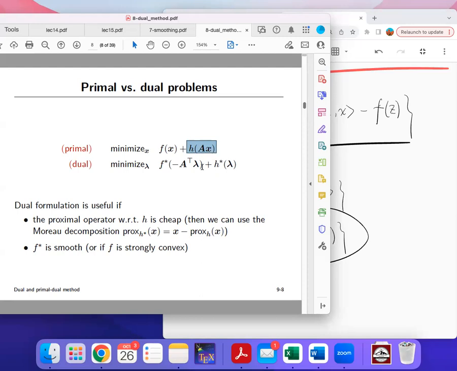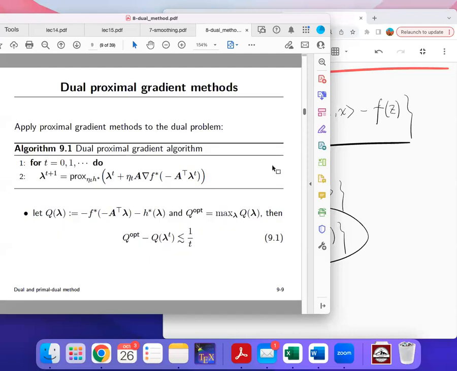So you can consider the dual form, and then you just need to consider the proximal mapping of H star, which is given by the proximal mapping of H. So you can do proximal gradient in the dual formulation.